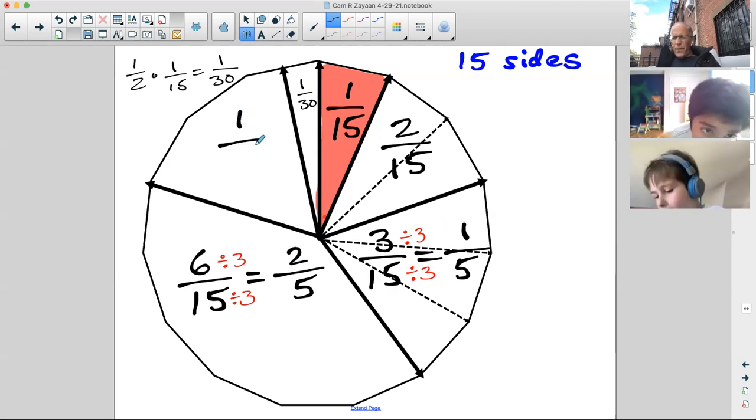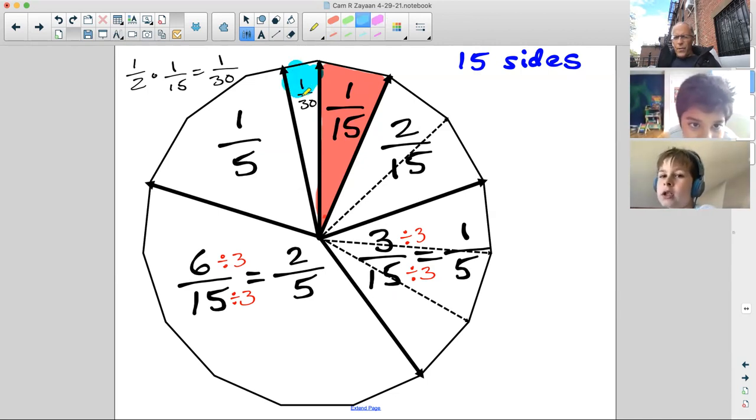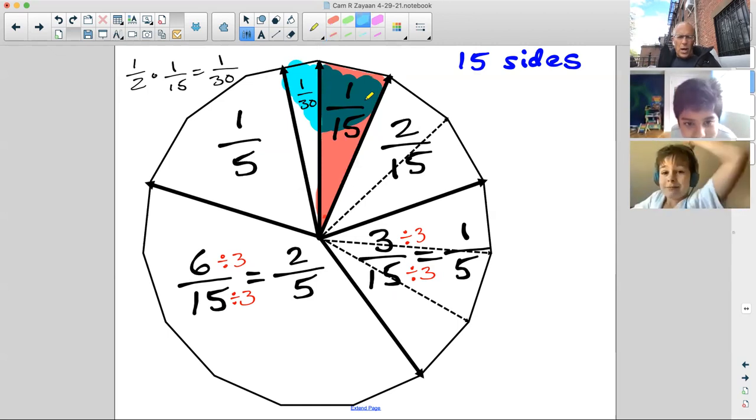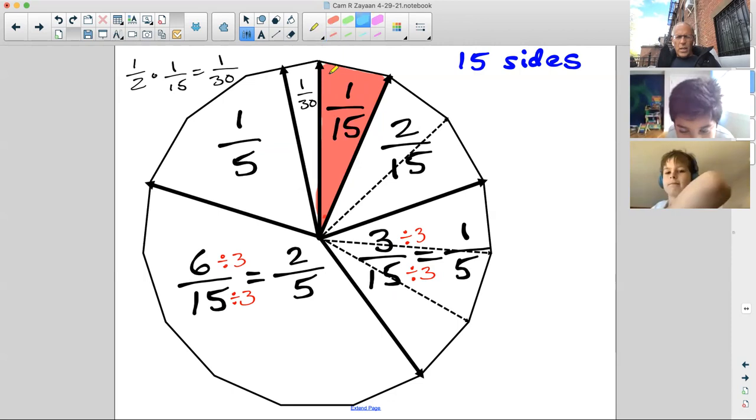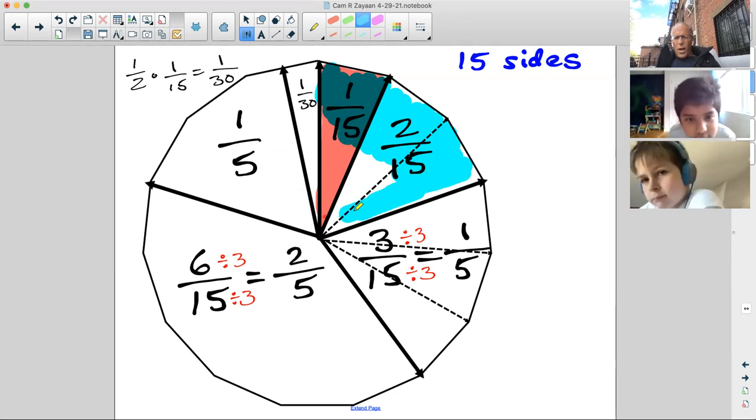This is 1/5. This is 1/5. And what if I colored in all of this part, only this part? How much would that be? 3 fifths.